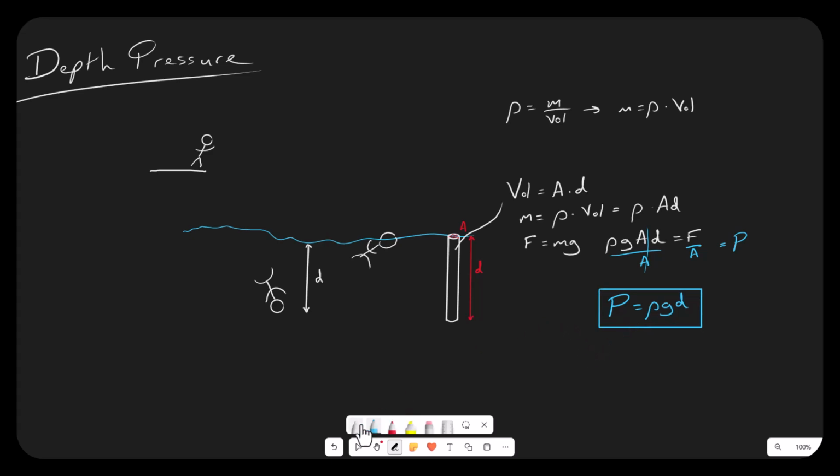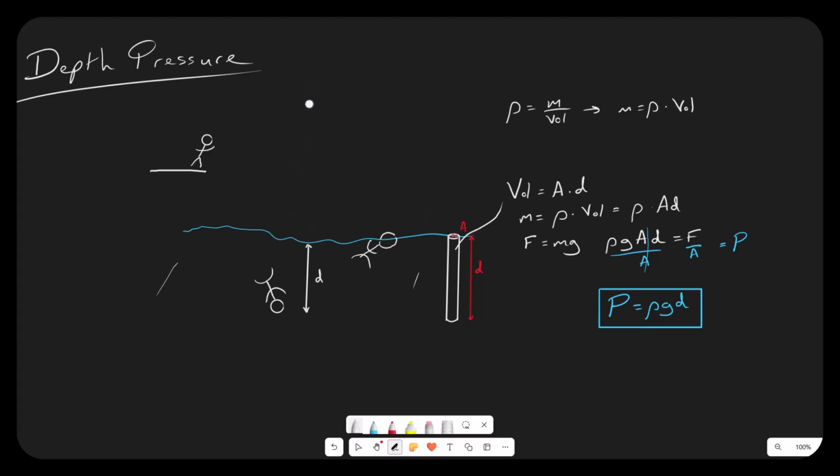If I am farther below the surface, then the depth is greater, and I end up with a higher pressure. It doesn't matter whether there is more stuff going on to the sides. What matters is what's going on directly above, because that area is going to cancel out, is going to be divided out.